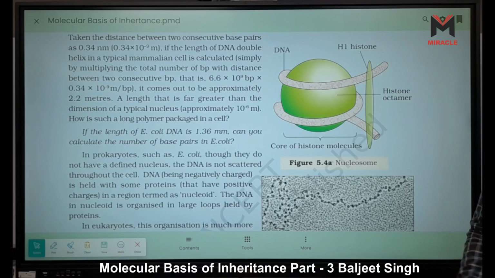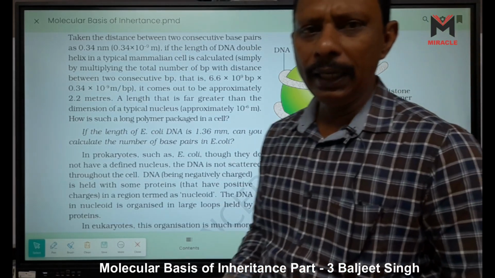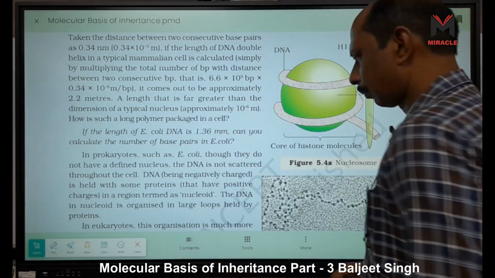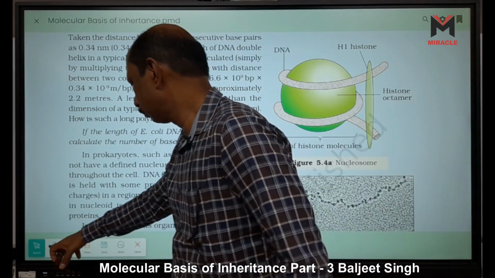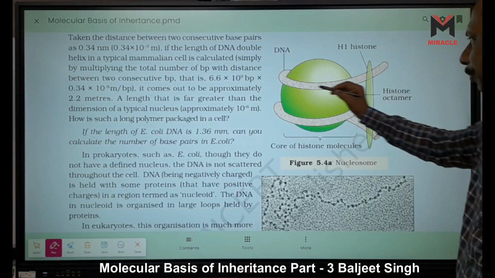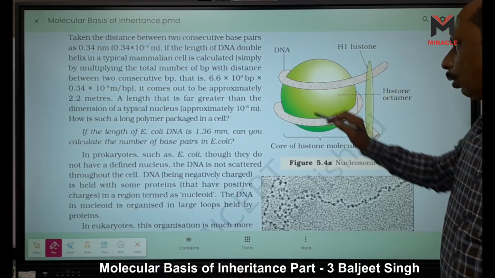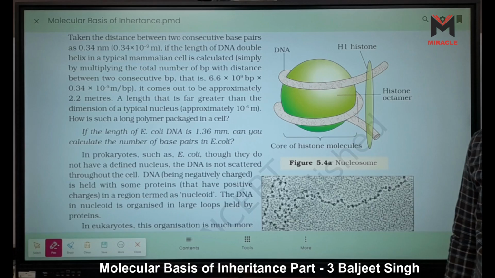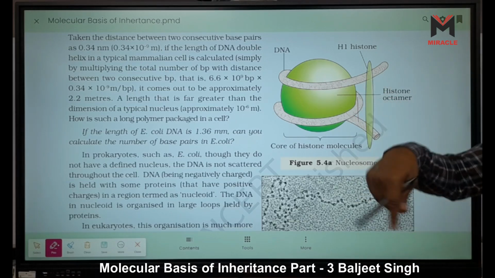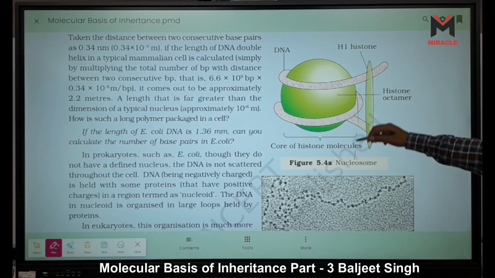It is made up of 8 monomers of histone protein, right? Look here, the DNA wraps not a complete 2 circles, only 1.75 circles are formed here, right?